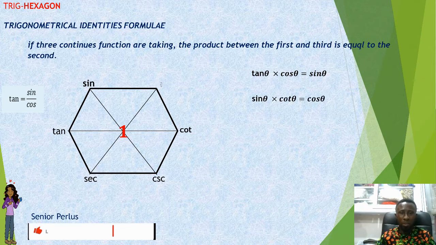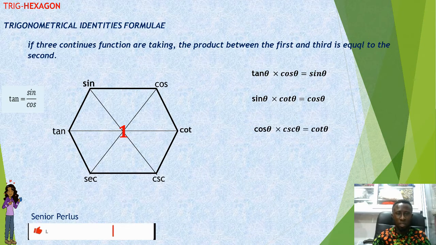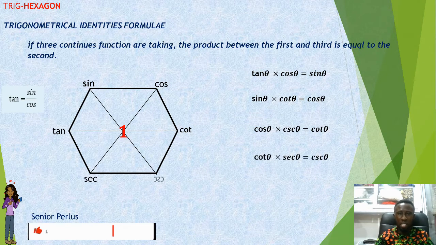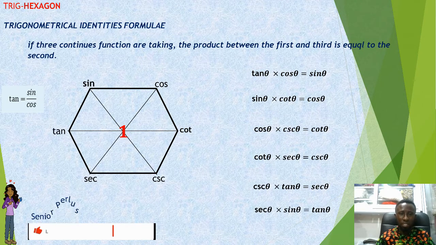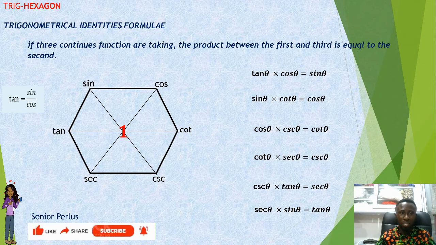Cos times cosec is cot. Cot times sec is cosec. Cosec times tan is sec. Sec times sine is tan. That's good.